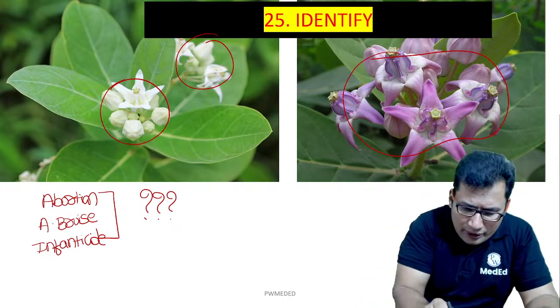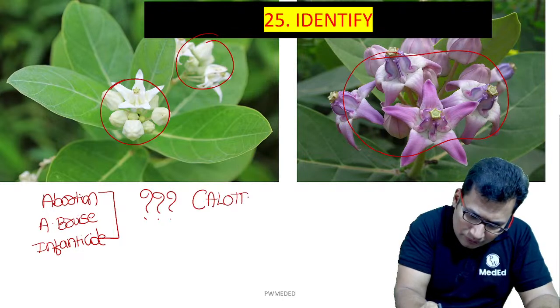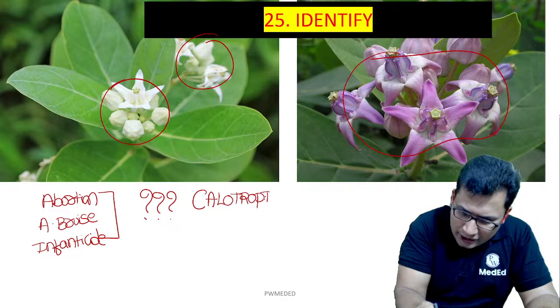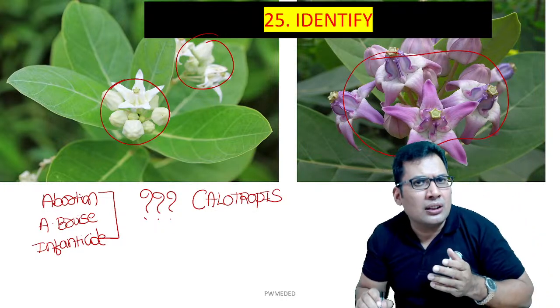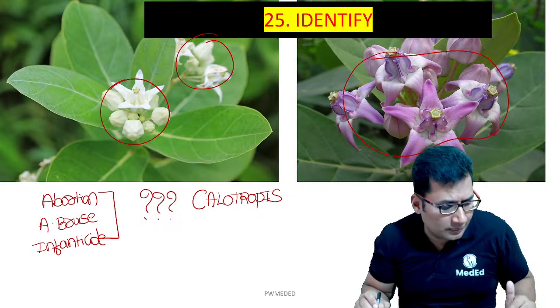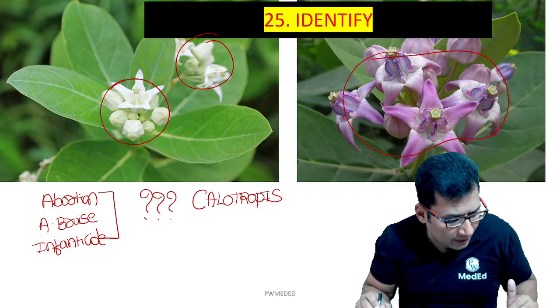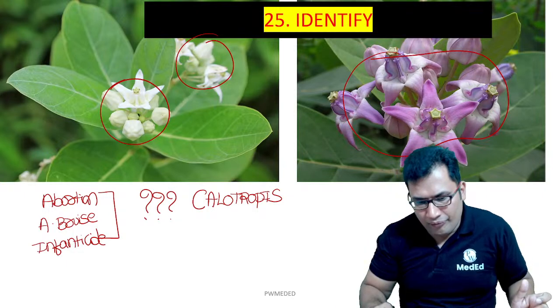So this is your plant, Calotropis. White color, Calotropis procera. Pink color, Calotropis gigantea. Active principle is calotropin or calotoxin.